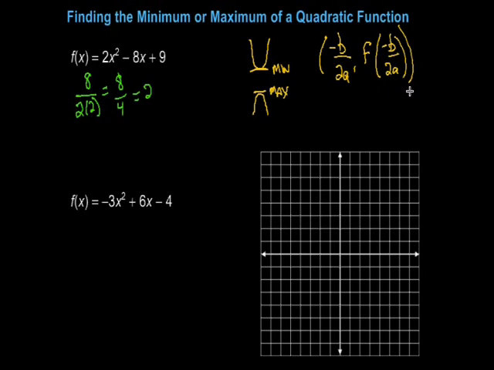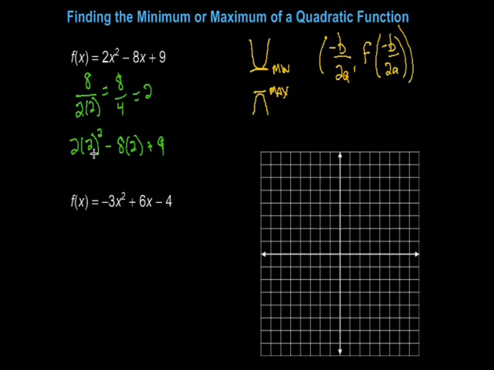Now I need to find the corresponding y-coordinate. So, I'm going to take that, put it in for x, and find out what I get out. So, 2 times x squared, well, x we found to be 2. So 2 times 2 squared minus 8 times 2 plus 9. Then order of operations says we have to do that exponent first.